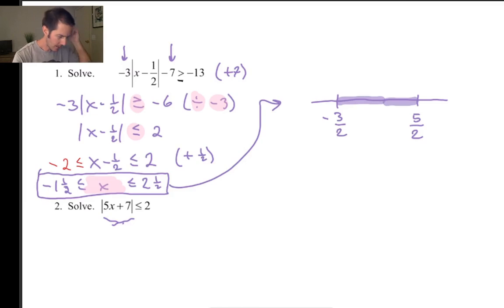And the other thing that needs to happen here is, as I mentioned at the outset, because it's a less than or equal to symbol that we're working with, we need to be using square brackets. That's going to make sure to include the values of -3/2 and +5/2. So that is your solution on a number line.